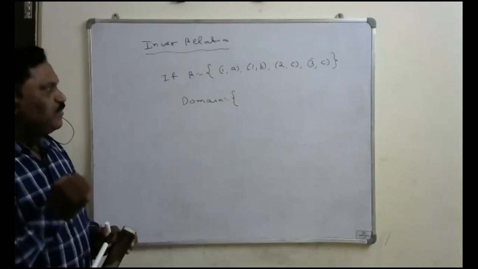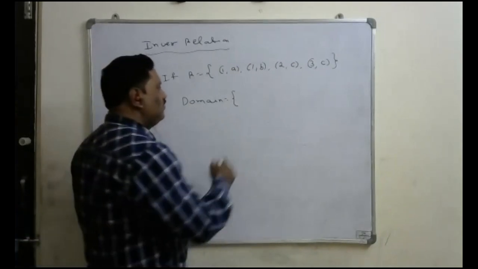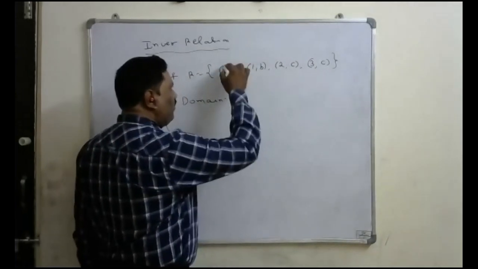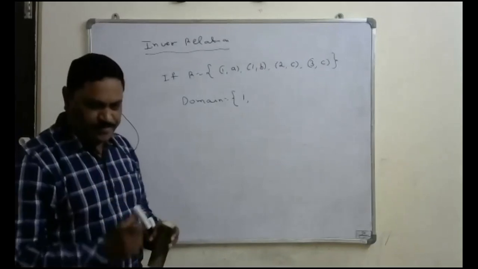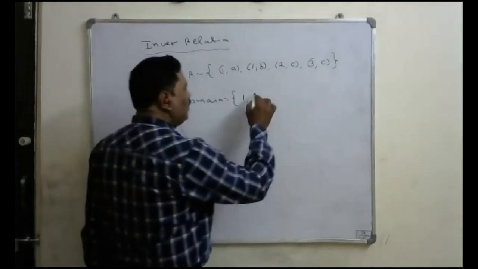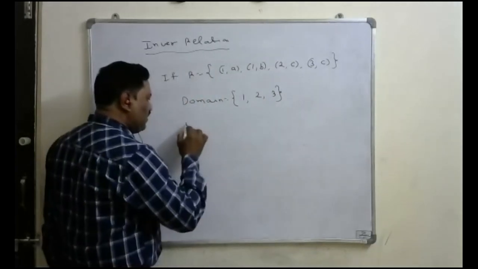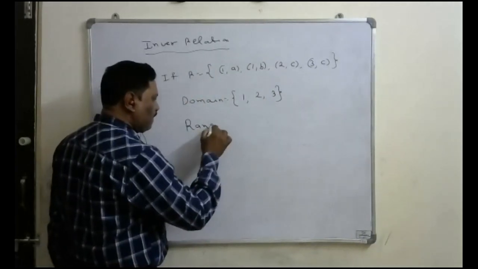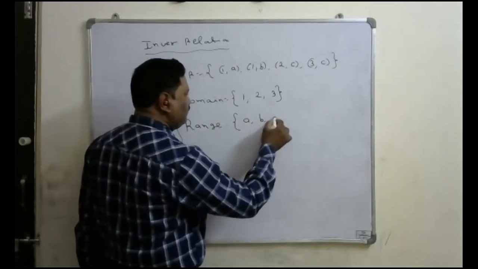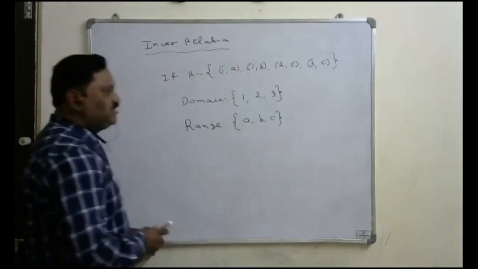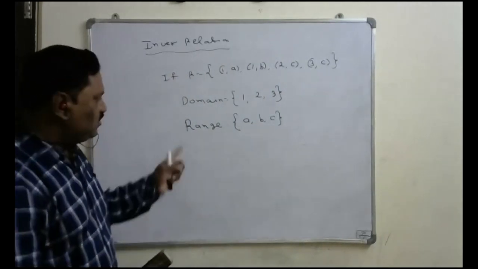Domain means 1, 1, 2, 3. So 1 got repeated twice, but however many times it repeats, we have to take it only once. Okay, that is {1, 2, 3}. This is the domain. What is the range? A, B, C. That is the set of all the second elements is called the range. Okay, this is the answer.